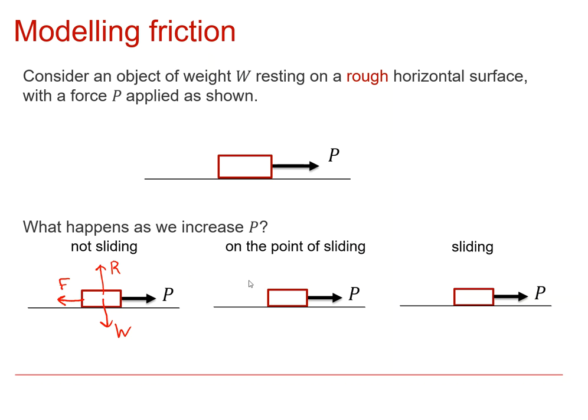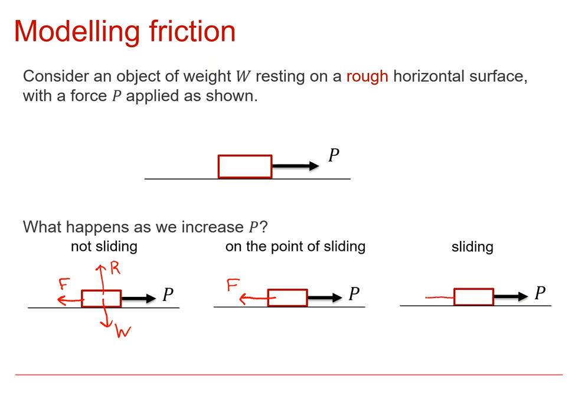Now as P gets bigger, the friction will have to get bigger as well in order to compensate for it. If it's just on the point of sliding, then again that frictional force F will be equal and opposite to P. And then if P increases further, the object will start to slide.